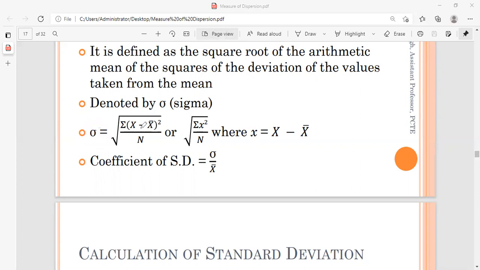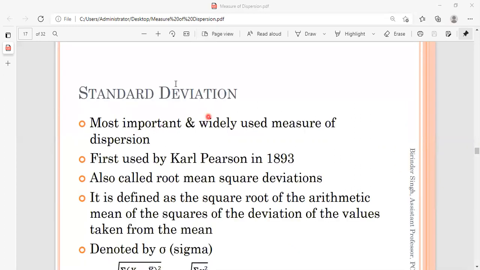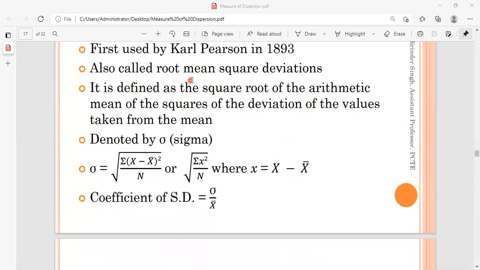Okay, let's look here. Standard deviation is equal to the square root of sigma (x minus x bar) whole squared by n. Try to understand this point, the root mean square deviation. x minus x bar is the deviation of the items from the arithmetic mean.